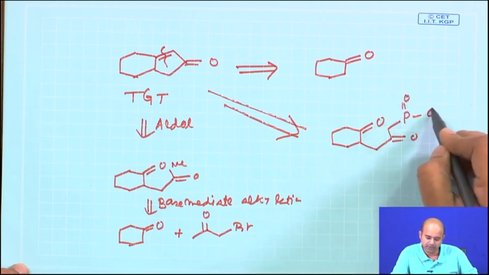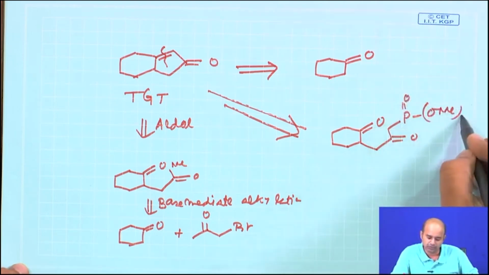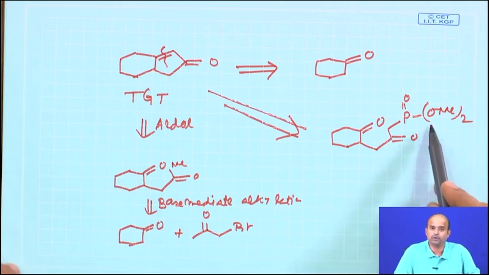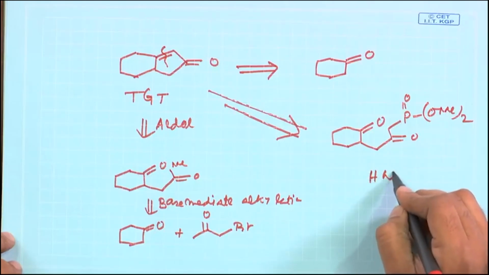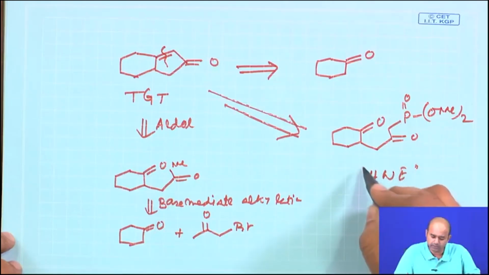We said a Wittig type of reaction can also be thought about. Now, this compound is named as phosphonate, and the transformation we are looking for is a Horner-Wadsworth-Emmons reaction.